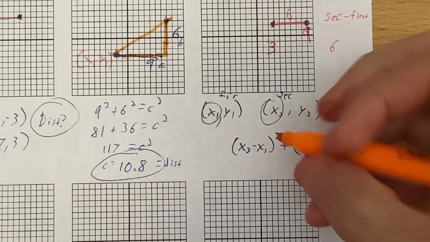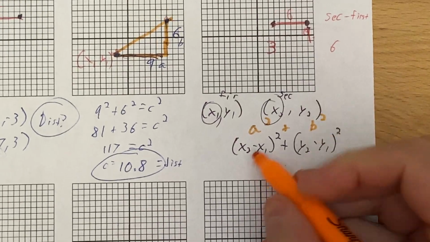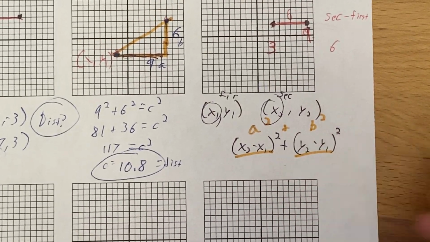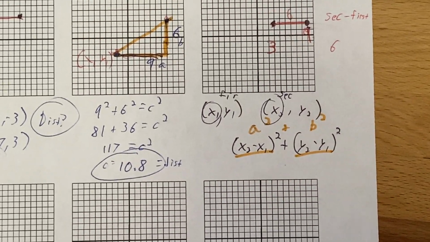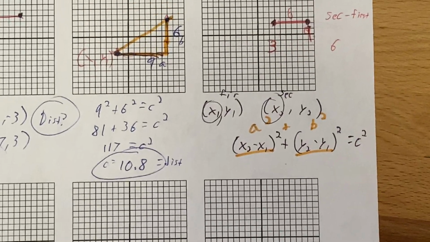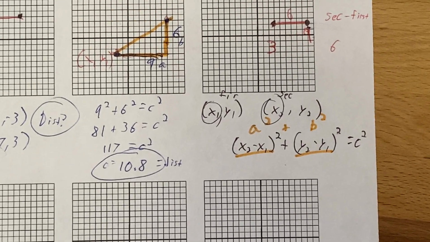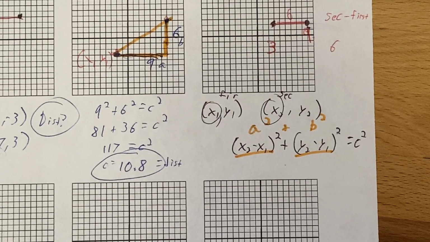So as an analogy, this would be a squared plus b squared, because this is the distance of a and this is the distance of b. And this would be equal to c squared. But in a formula, you never want it to be like, oh, do this formula and then you do more. Formulas you want to be, you do this formula and you're done.